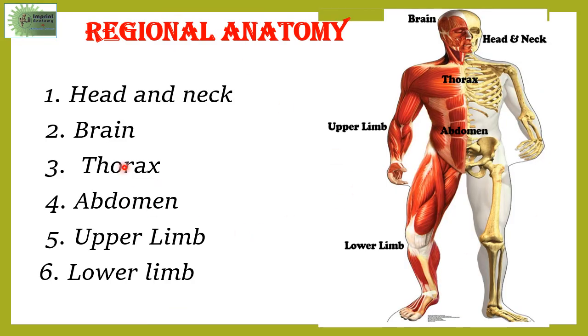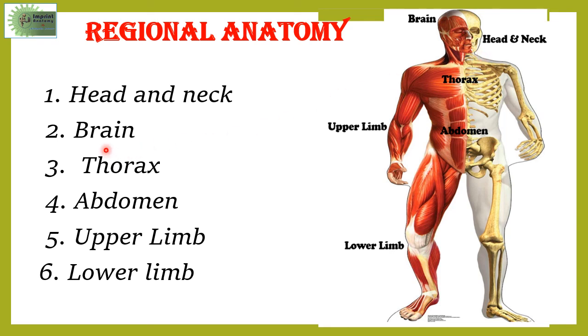Let's see what is the regional anatomy. It's very easy. We are going to study the anatomy under different regions, that means like head and neck. So in this region we will study the muscles, the vessels, the nerves of the head and the neck.